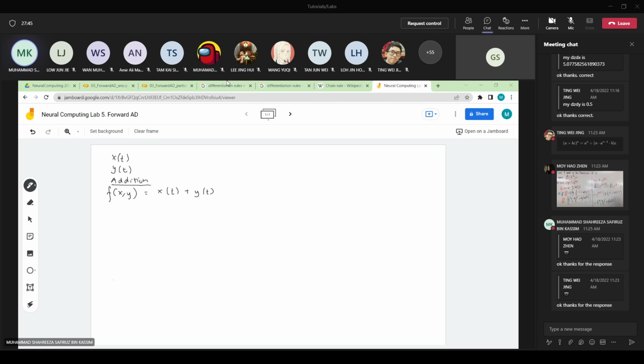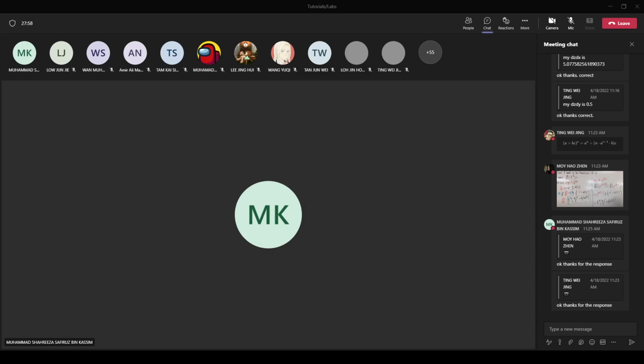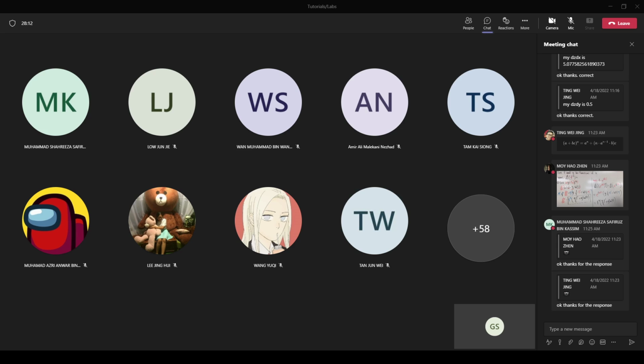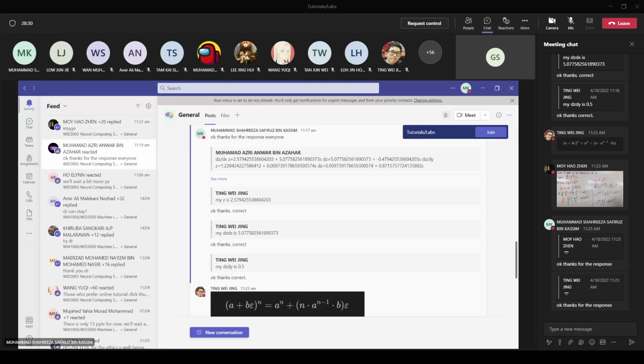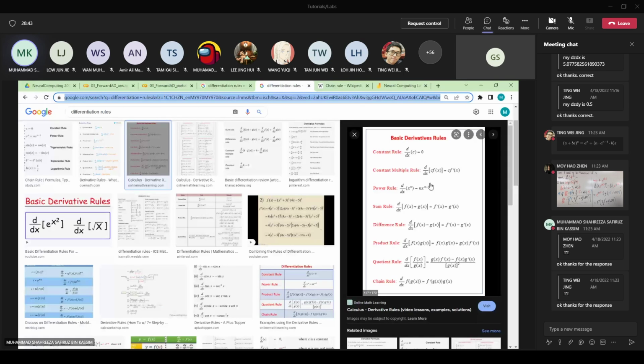Now, for differentiation rules, you are given, for example, the summation rule, for the addition operation.